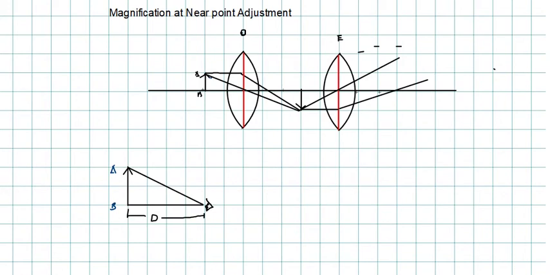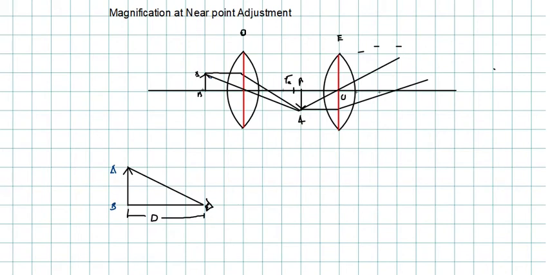Now, if we extend this image, in order to see it enlarged, the object AB must be in between the focal point of the eyepiece and the optical center of the eyepiece. Only then will you be able to see the enlarged view.